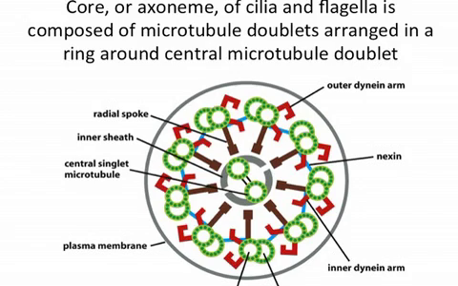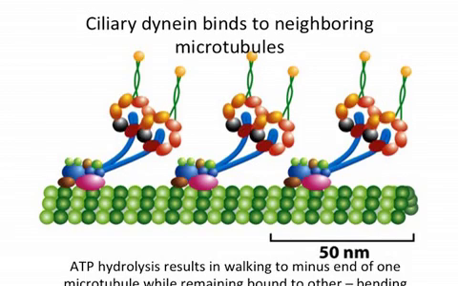So the core or axoneme of cilia and flagella is composed of microtubule doublets. Remember, there are these rings. See, this is a cross section, arranged in a ring around a central microtubule doublet. So it's a whole bunch of microtubule doublets. And the way they work is through ciliary dynein, and it binds to a neighboring microtubule.